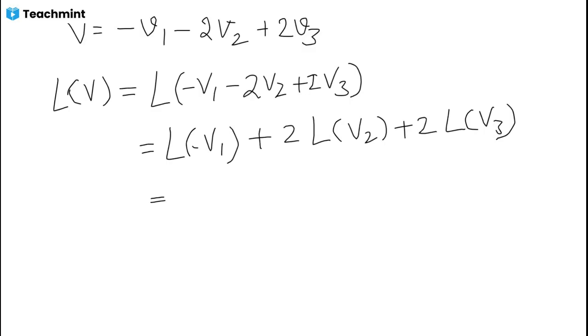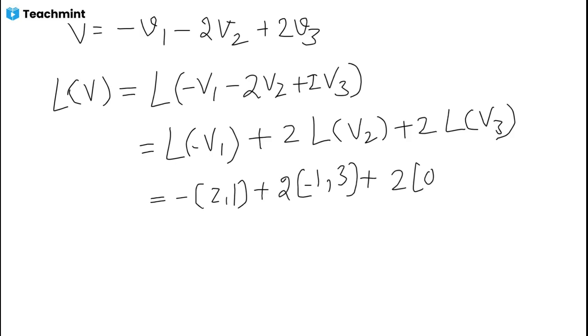So we are using these values, taking the negative of that: minus (2, 1) plus 2 times (-1, 3) plus 2 times (0, 1). Now let us simplify.